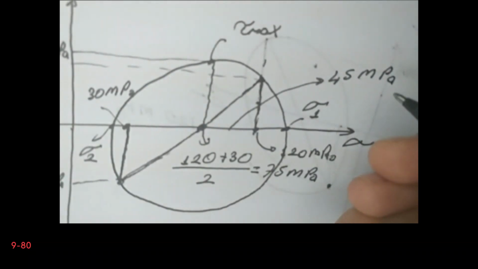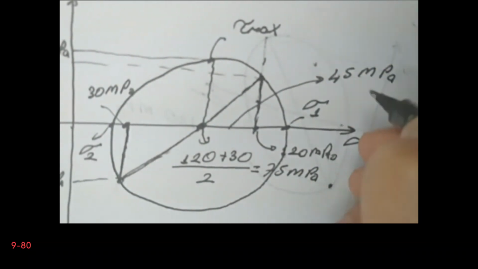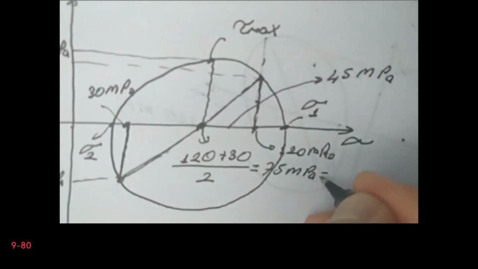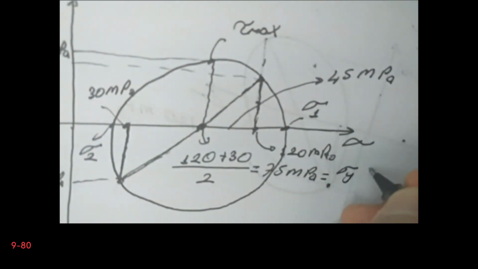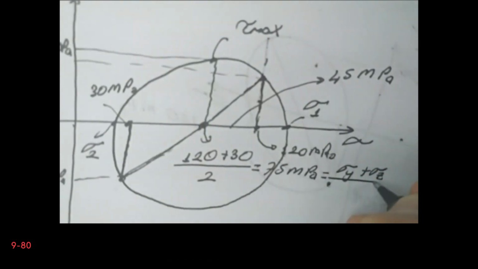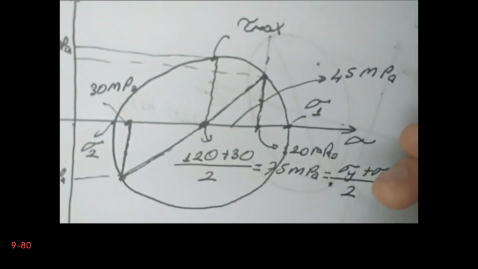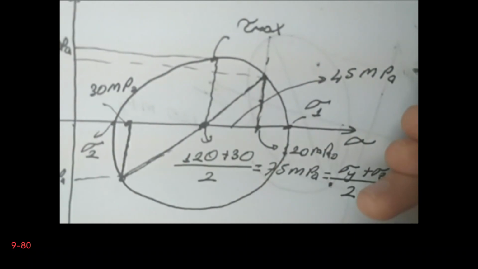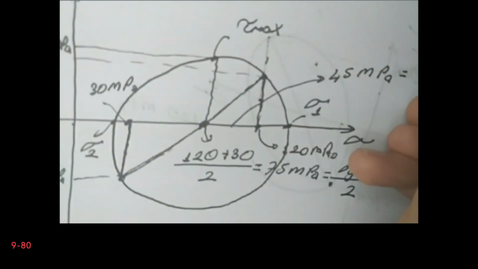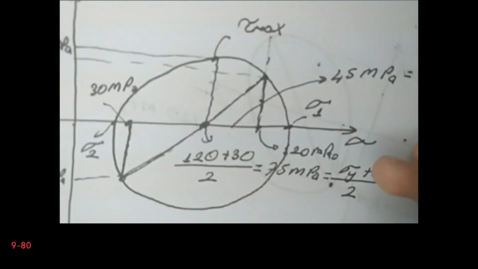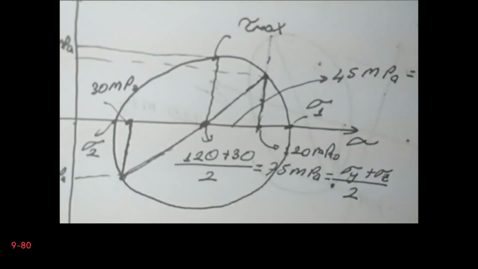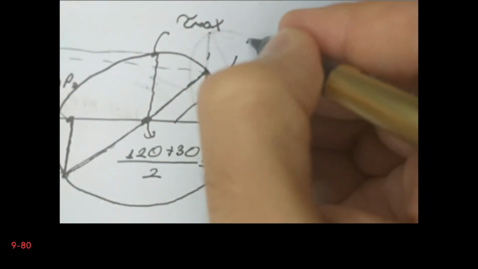In fact, this is, let's say, sigma y plus sigma z divided by 2, and this is sigma y minus sigma z divided by 2. And this is tau yz. Now let's calculate r, the radius of the circle.